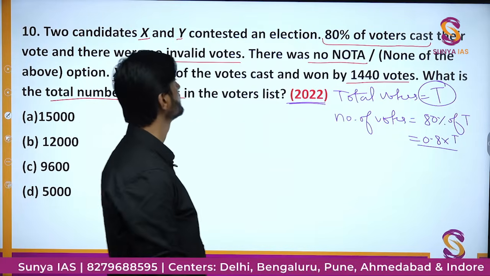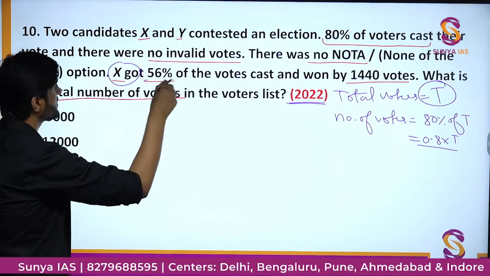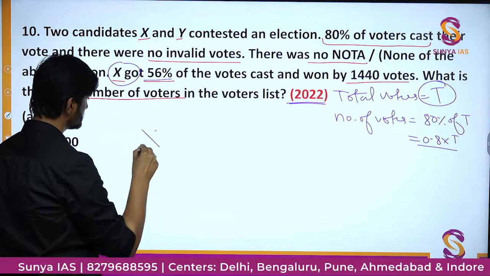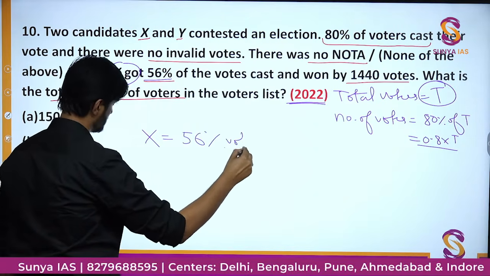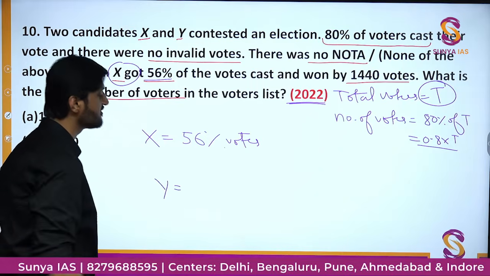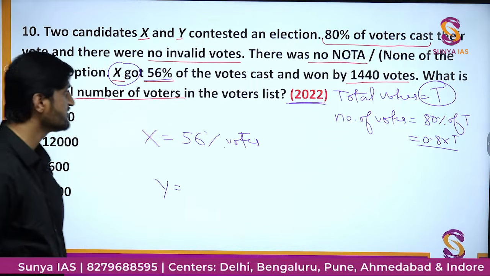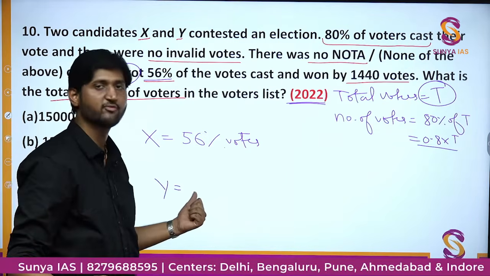Now, candidate X got 56% of the votes. And if candidate X is getting 56% of the votes, can anyone tell what is going to be the percentage of votes won by Y?